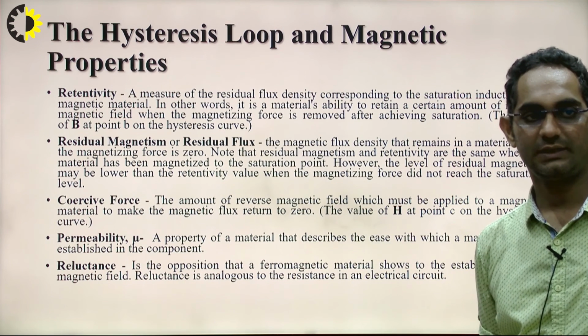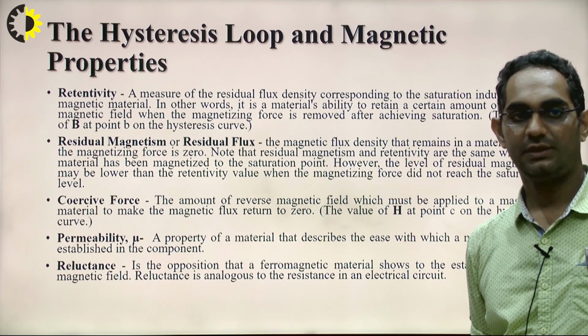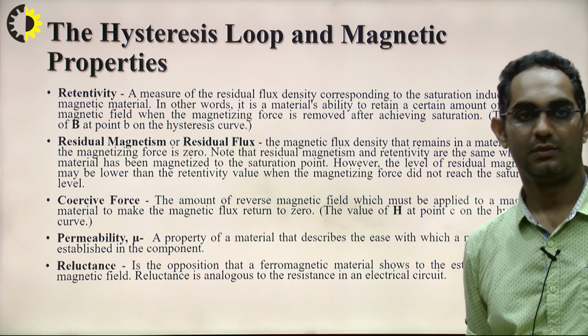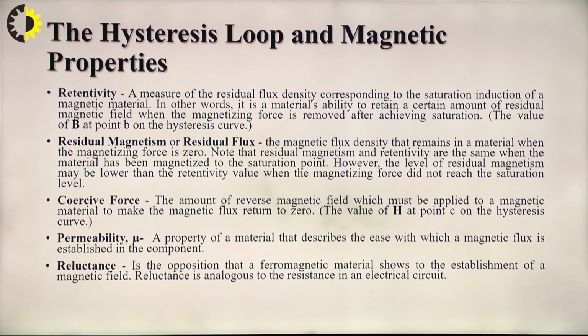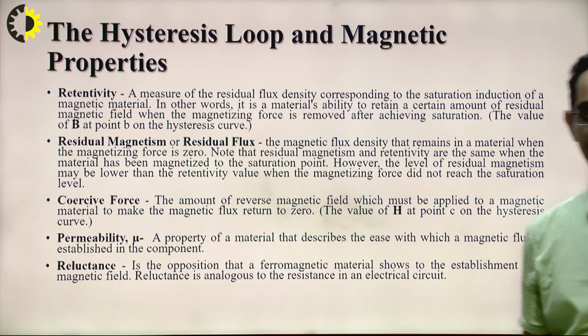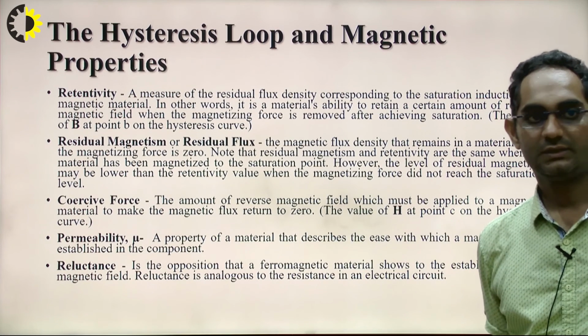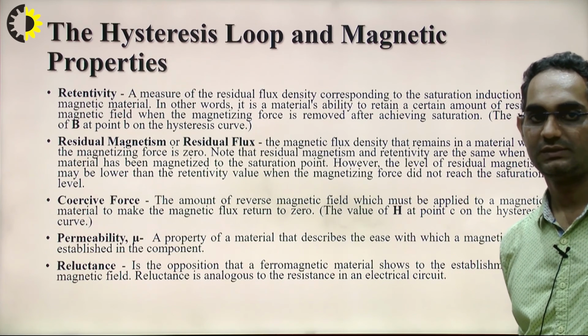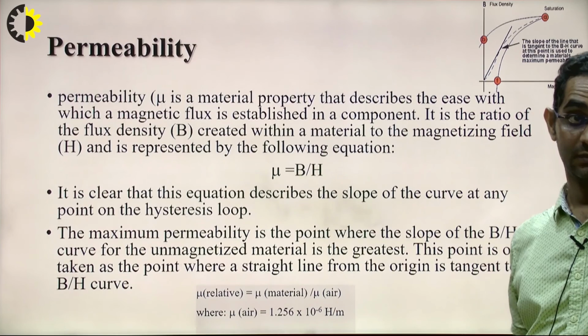Next is the reluctance. Reluctance is the opposition that a ferromagnetic material shows to the establishment of a magnetic field. Reluctance is analogous to resistance in an electrical circuit.